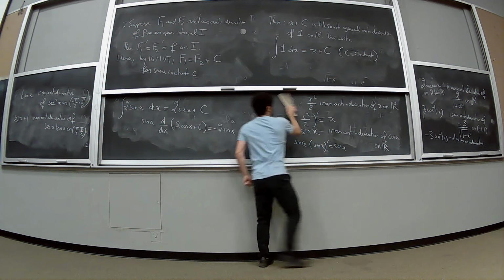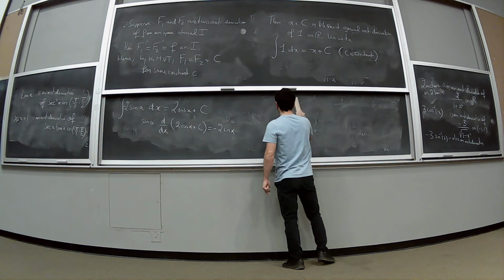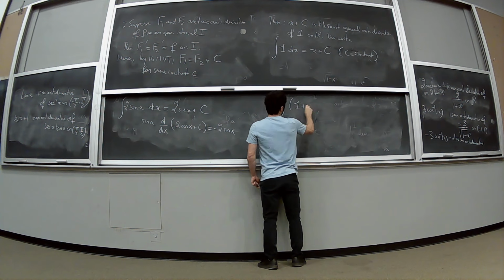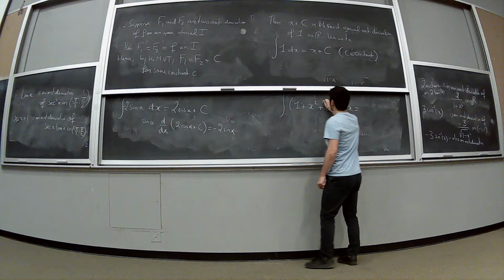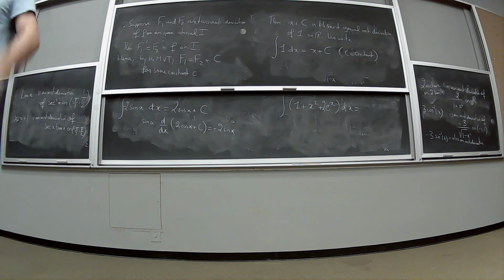Great. Let's spice it up a bit more. I want an antiderivative of 1 plus x squared plus 2 e to the x dx. So, I want a function such that when I differentiate this function, the most general function, I get 1 plus x squared plus 2 e to the x. How should we proceed?